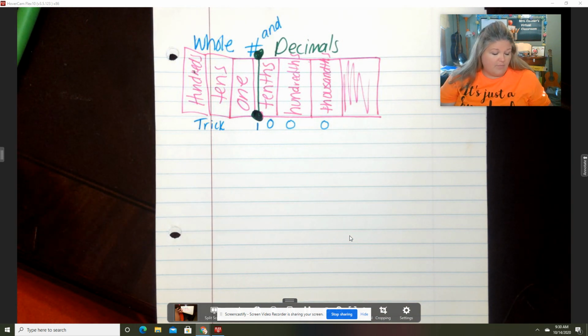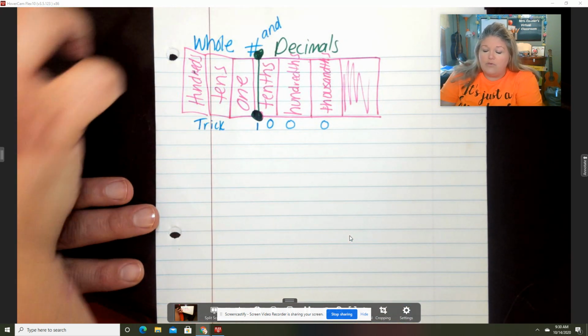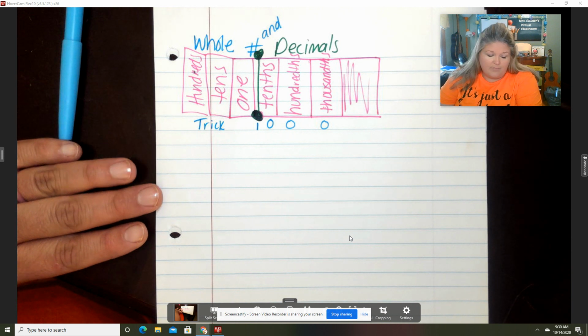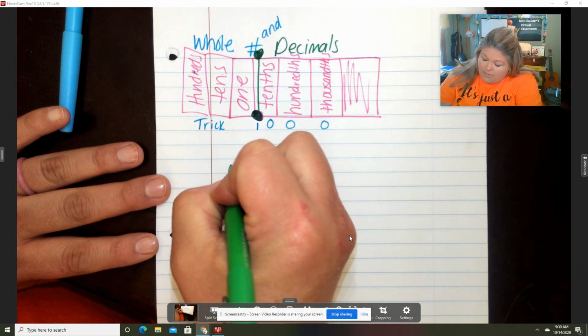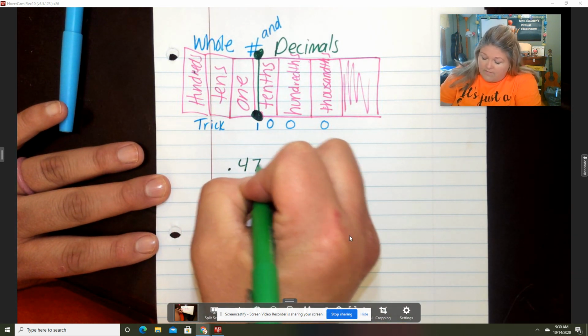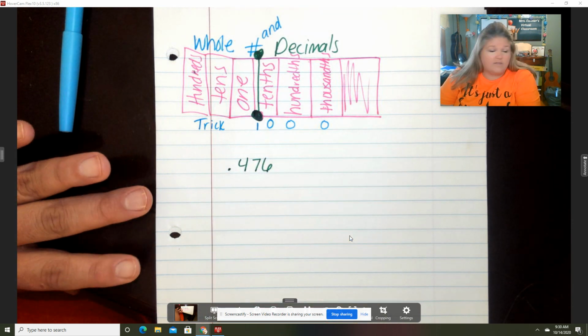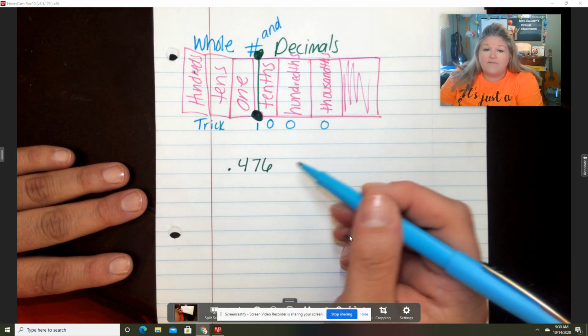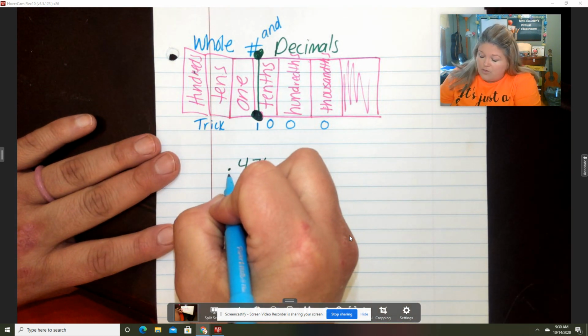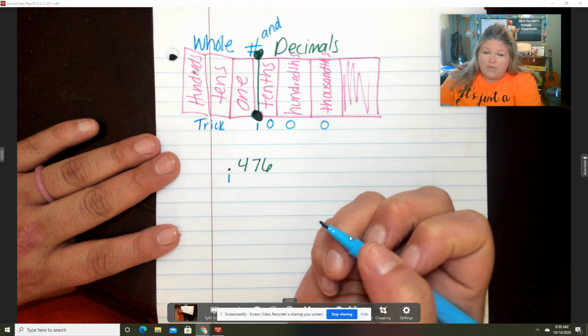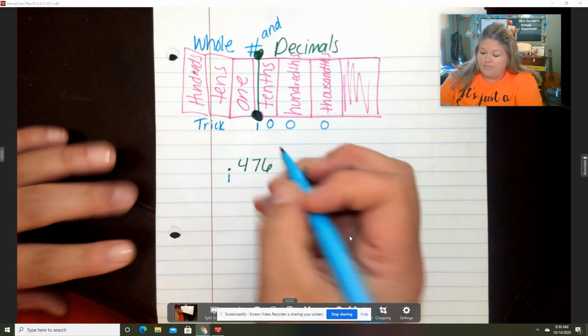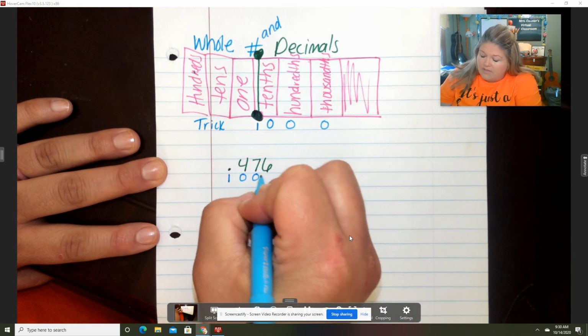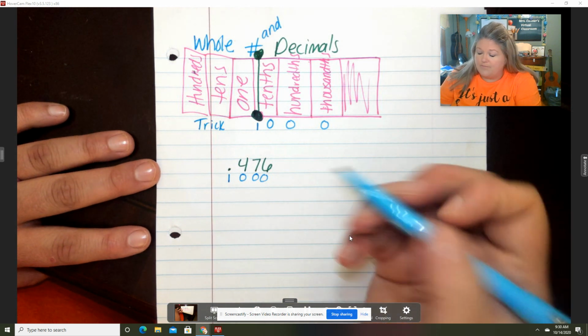Okay? I feel like I'm going faster. Let me slow down. Let me show you what I mean with using numbers and using that trick. If you have the number 476 thousandths, to be able to know what this place value is, you're going to put a 1 under that decimal, and that sort of just holds that spot. Then you're going to fill in with zeros.